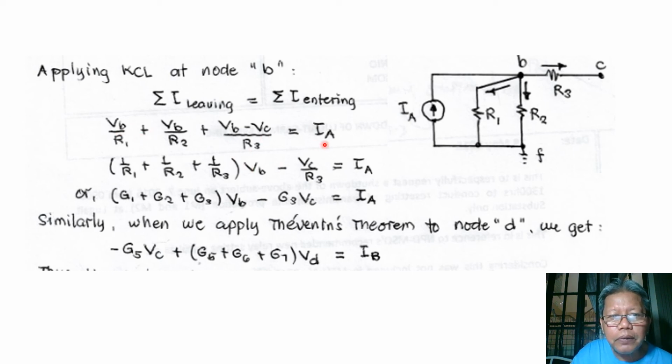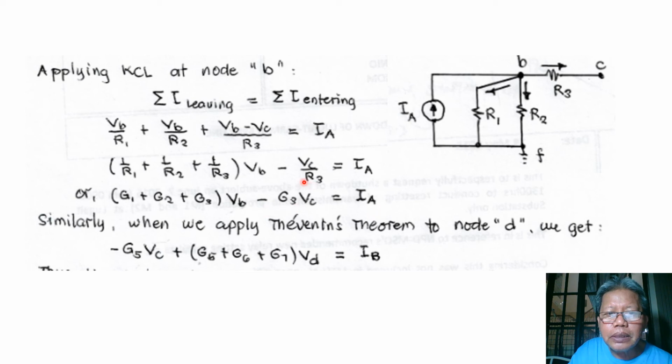Simplifying our equation here, collecting like terms with V_B, we have the term (1 over R1 plus 1 over R2 plus 1 over R3) times V_B, and then we have the neighboring node V_C over R3, and this is equal to IA. Or this is equal to (G1 plus G2 plus G3) times V_B minus G3 V_C equal to IA.